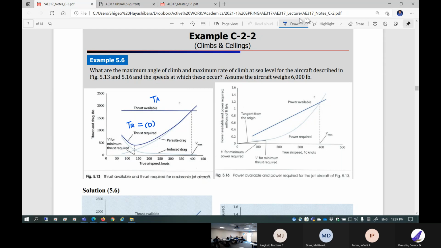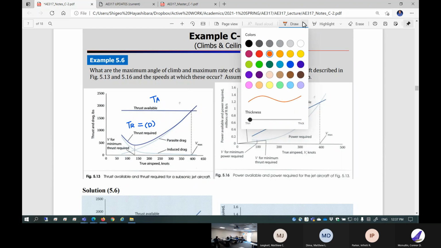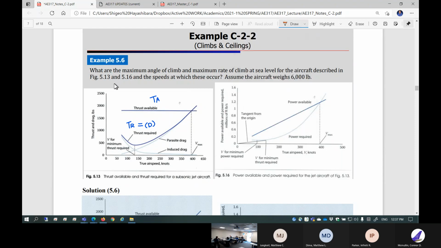So you are seeing two different types of plots. This is a thrust plot. This is a power plot.